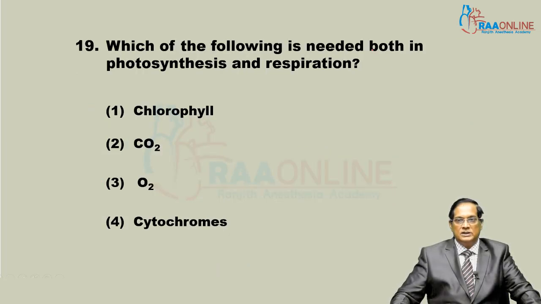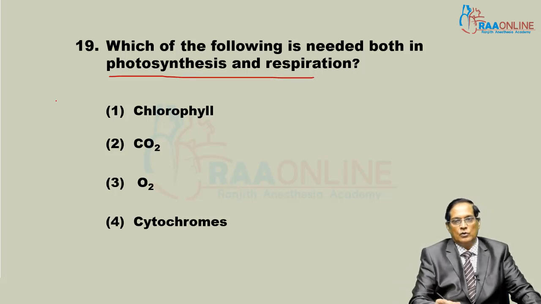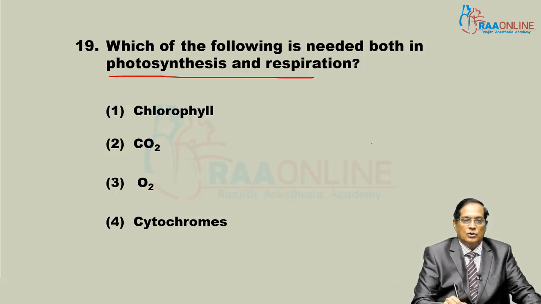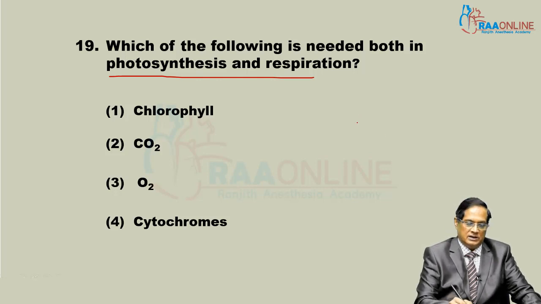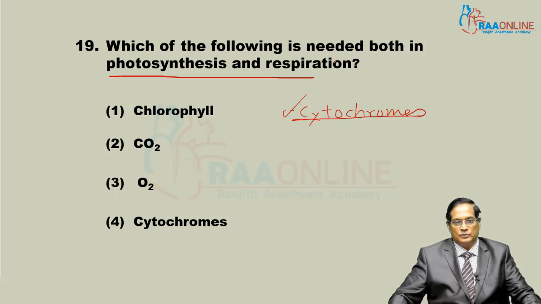19th question. Which of the following is needed both in photosynthesis and respiration? Direct question again. That is the electron transport system. Electron transport system is found in chloroplast as well as mitochondria. Chloroplast electron transport system is involved in photosynthesis, whereas the electron transport system in mitochondria is involved in respiratory activity. And in both of them, cytochromes are present as electron carriers.